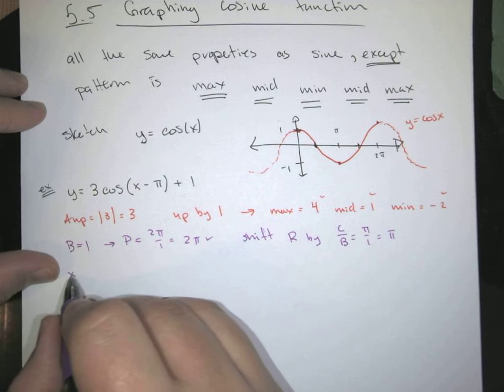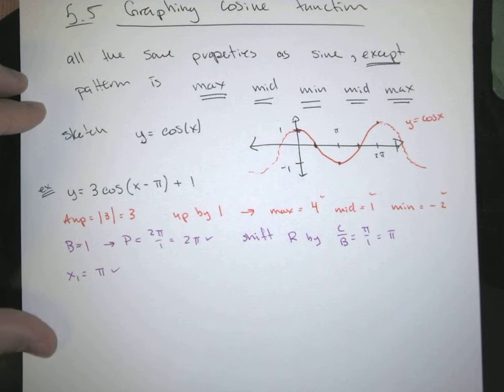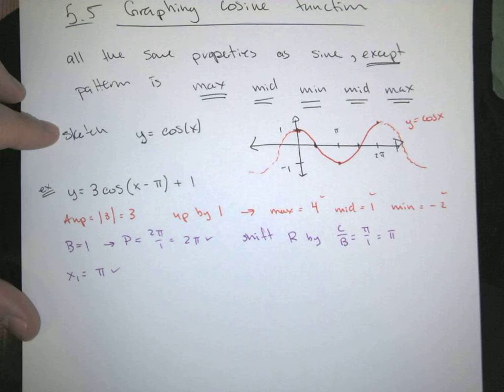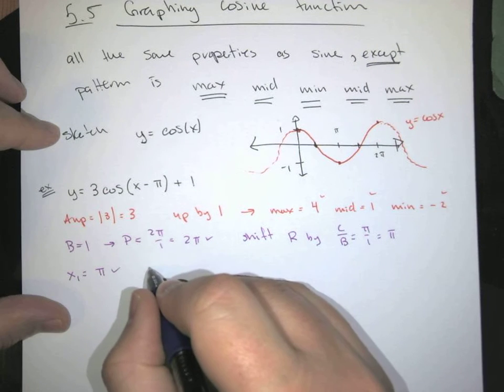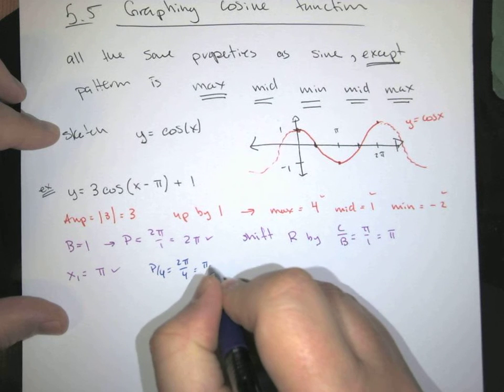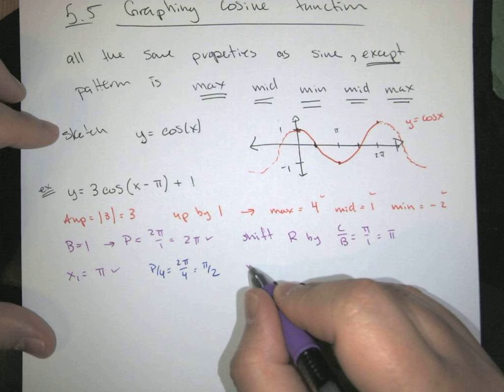So what does that mean? That means our x1 is going to be pi. What's the length here? The length is 2 pi, so my distance between would be pi over 2. So we're going to shift by pi over 2.